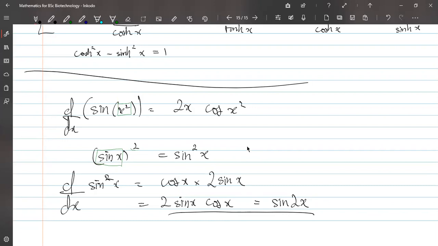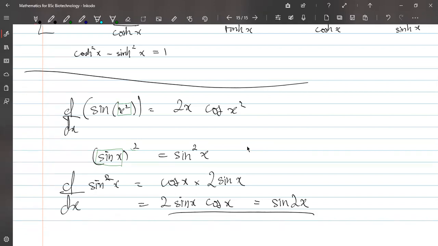Is that correct? Surprisingly, the derivative of cos square x is also in terms of sine 2x, only with a minus sign. So it is minus sine 2x.